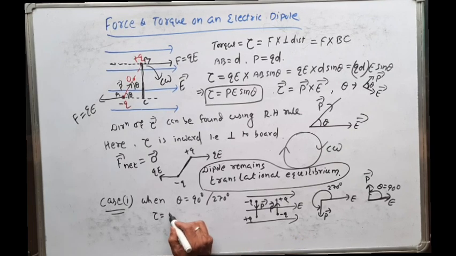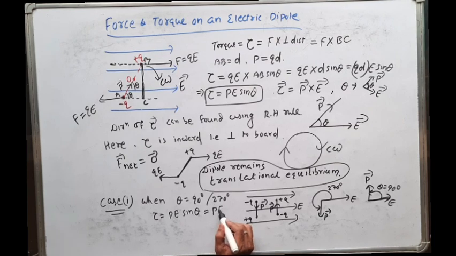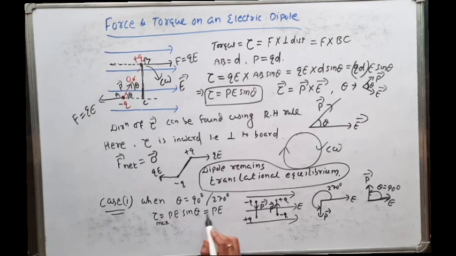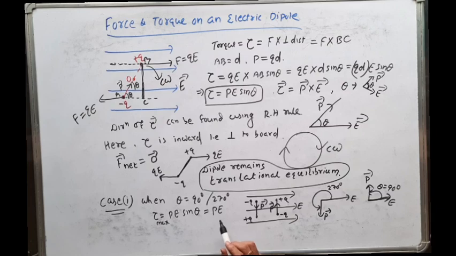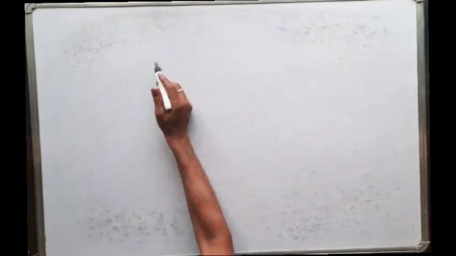Torque will be P sin theta. So here theta is 90 degree or 270 degree. So that means the torque magnitude will be P. So it is maximum torque. It is maximum torque. So under what condition a dipole will experience a maximum torque? When the dipole is perpendicular to the direction of the field.